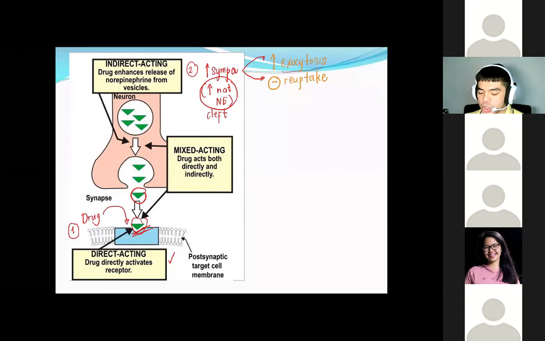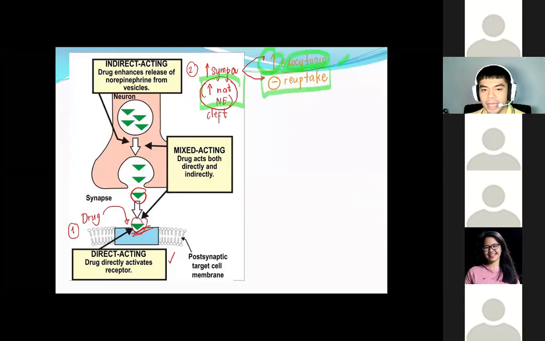Natatandaan ba ang exocytosis? This is the process of release, right? So pag-enhance ang release ng exocytosis, do you think na-achieve natin ang objective na enhanced natural norepi? Yes. So greater will be available for binding. Very good. Next, yung blockade of reuptake ba?